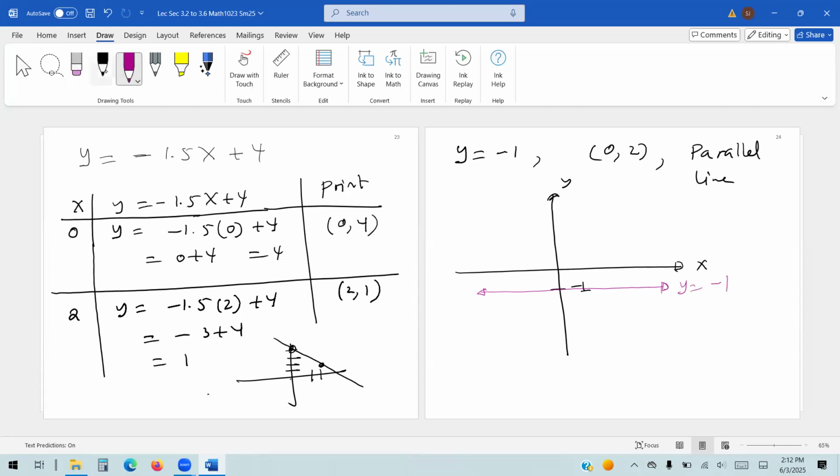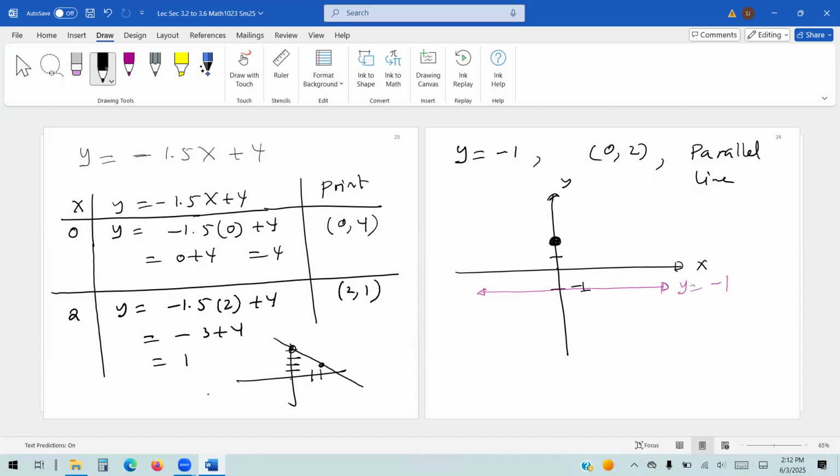And then the point they gave us is (0, 2). So this is 0, 1, 2. So how can you draw a line that is parallel to this line but goes through this point? What type of line are you going to draw?